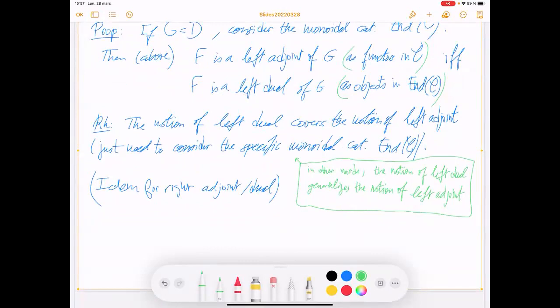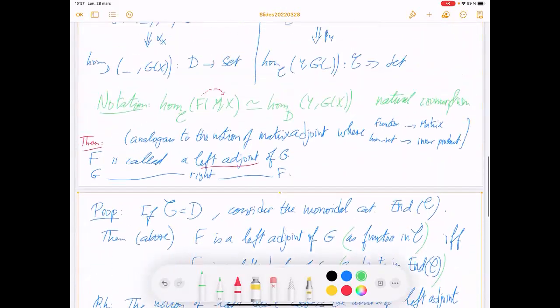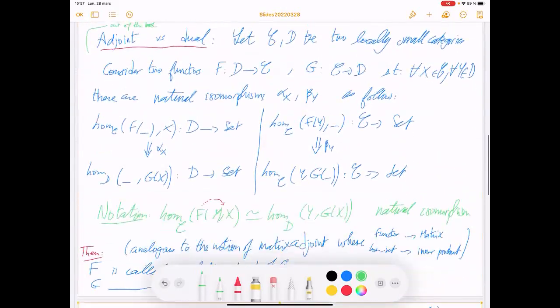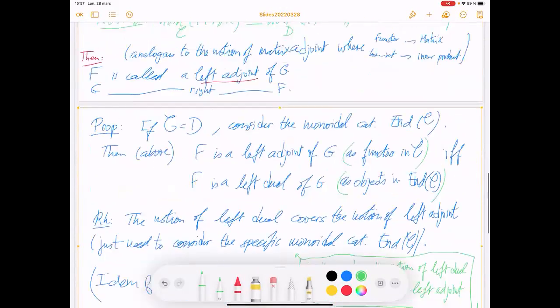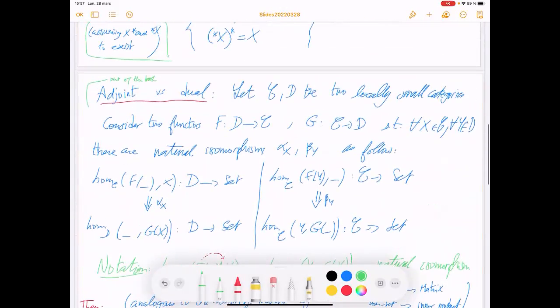Okay, so this was the end of the part out of the book. We start from here. Out of the book.